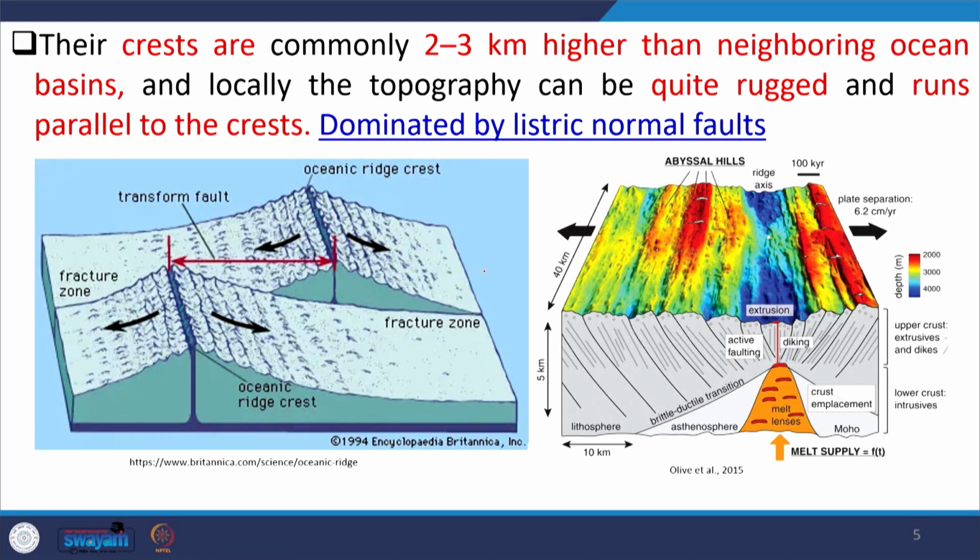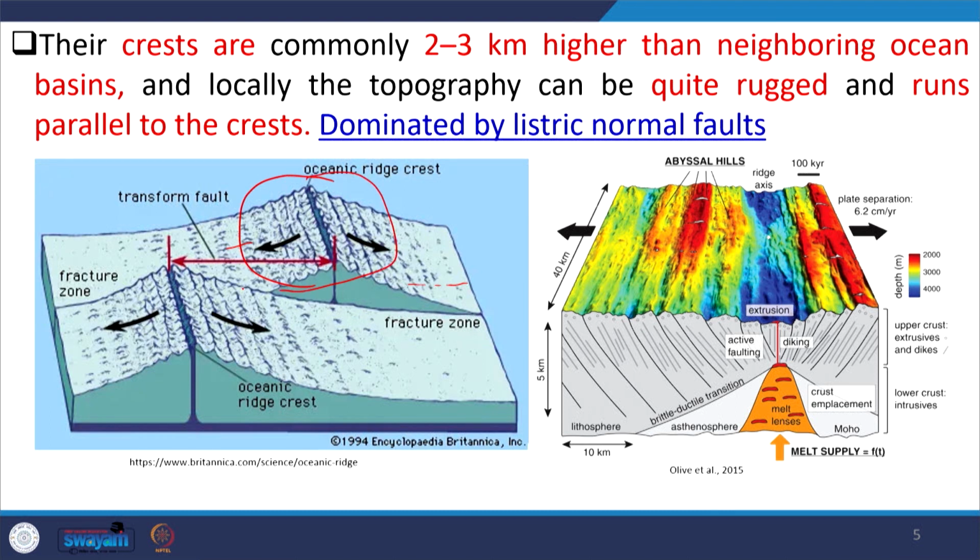The crests are commonly 2 to 3 kilometers higher than the neighboring ocean basin, and locally show topography that can be quite rugged, runs parallel to the crest, and is dominated by listric normal faults. If you see this image here, moving from the ocean basin towards the mid-oceanic ridge system, gradually you get a rugged topography.